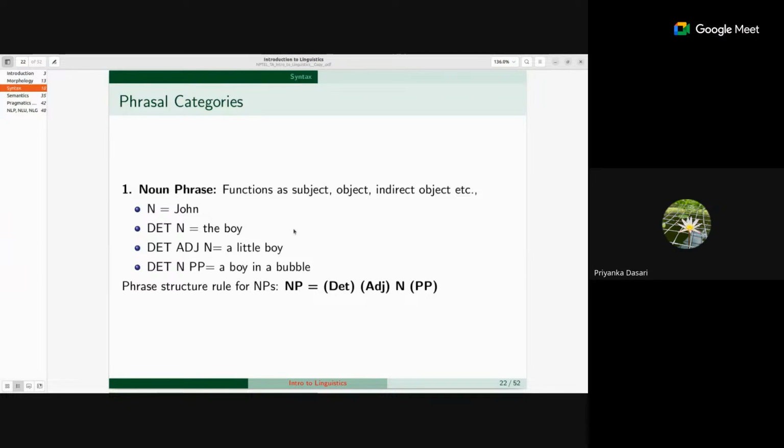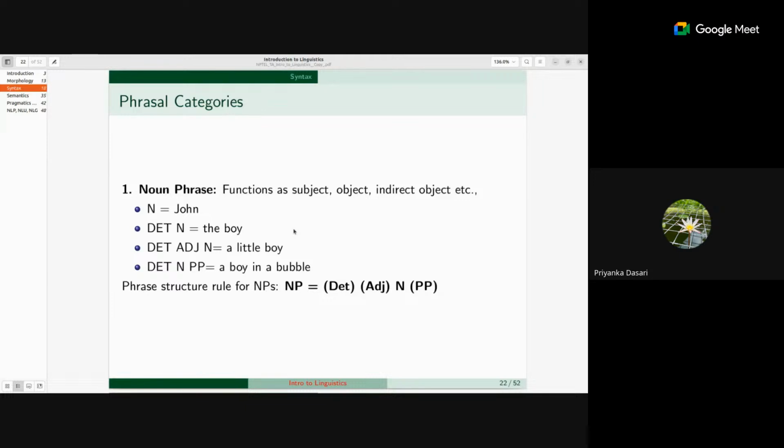Basically, a sentence has phrases. There are different types of phrases. In a noun phrase, the phrase structure rule for NPs is determiners, adjectives, noun, and prepositional phrases. In a noun phrase, the noun is the head of the phrase.